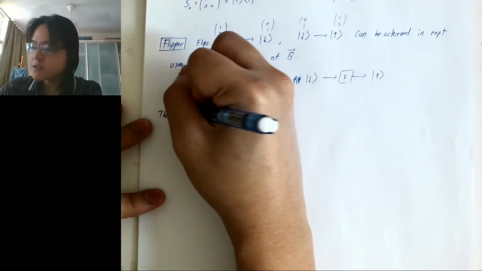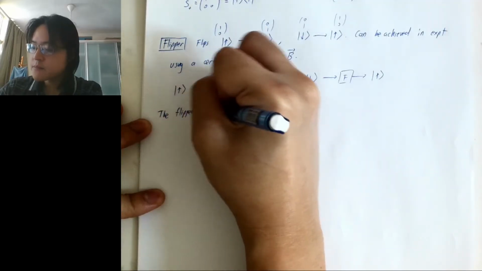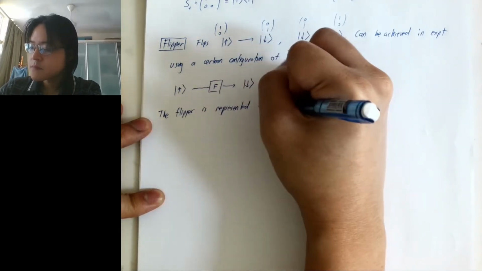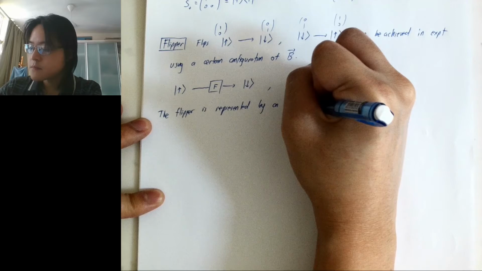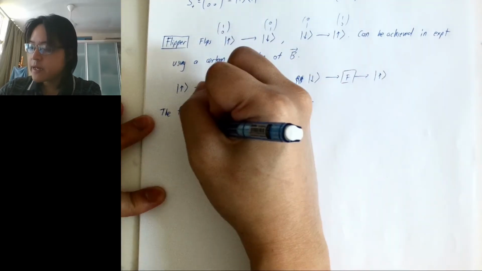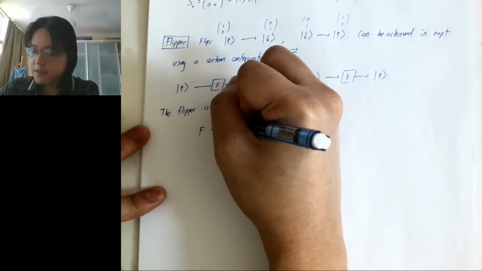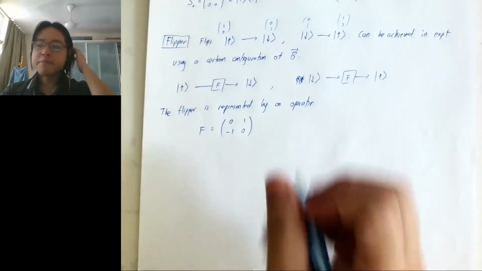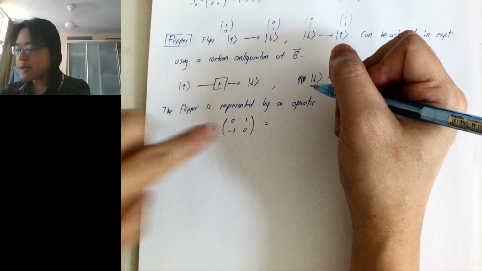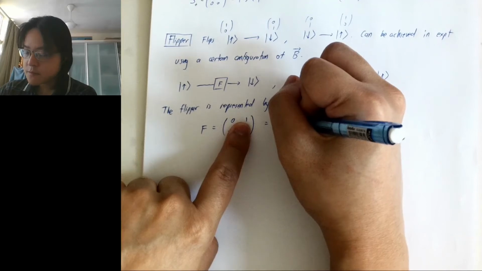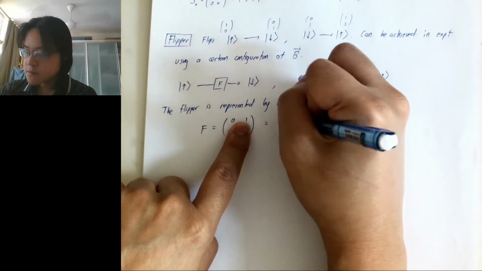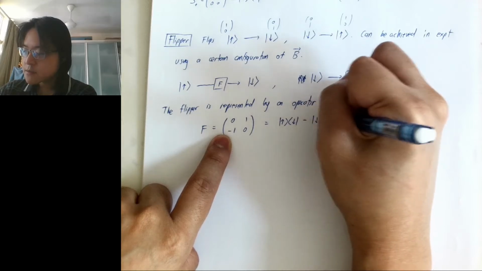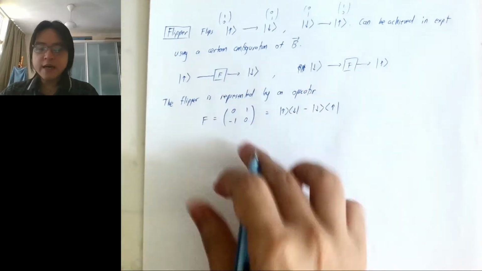So the flipper is represented by an operator that is given by F, which is 0 1, minus 1 0. Okay, so in ket bra form, this is up down, and then this is down up with a minus sign. Okay, so we can see how this works.